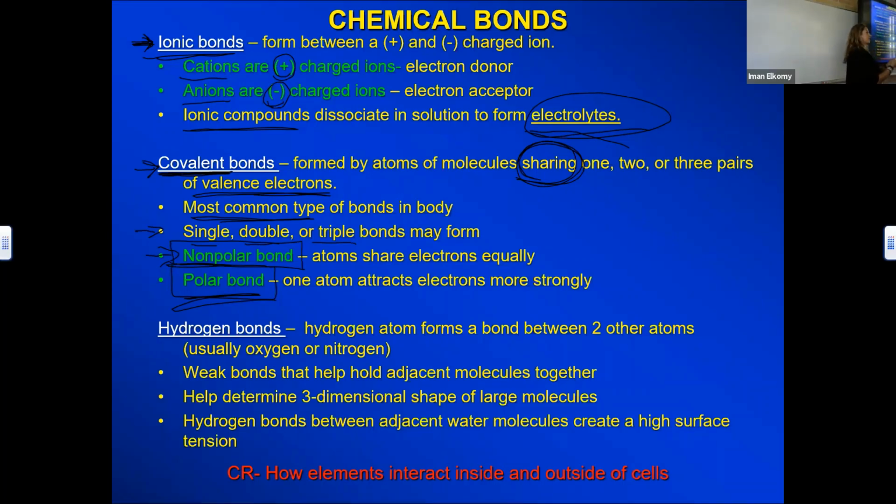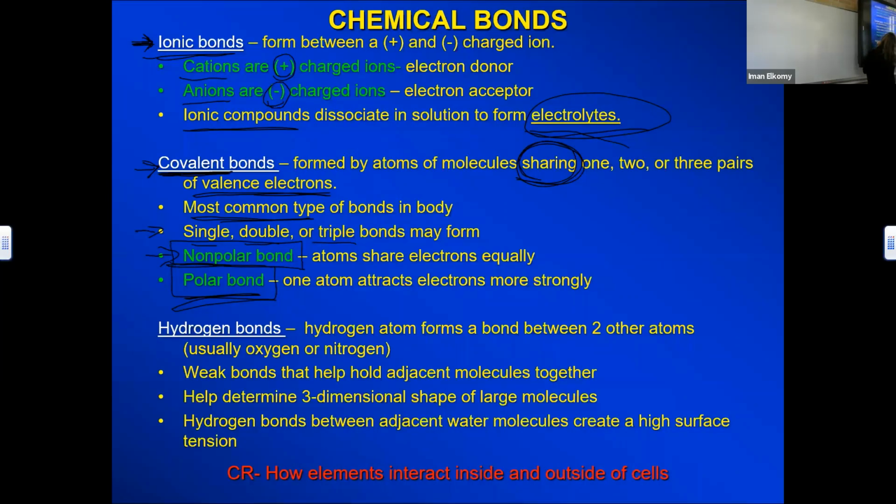Two atoms will share those electrons. And it can be nonpolar because it's shared equally, or it can be polar where one side gets more negative than the other one does. And when that happens, you end up with a polarity. So that compound, those two together, will have a negative end and a positive end. We're going to see that in the picture.